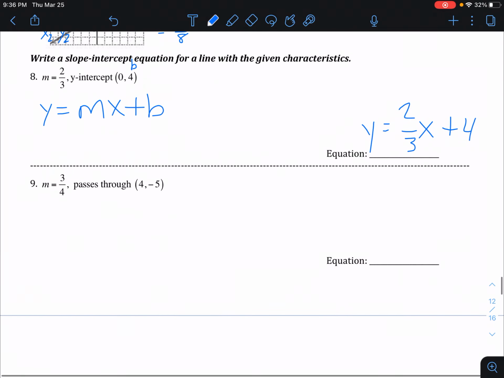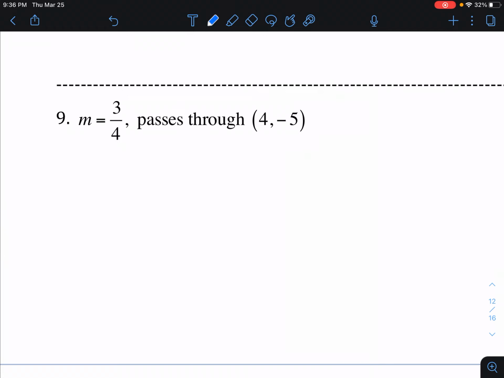Okay, next up. Here we're given a slope and a point. So to write an equation, we're going to have to use the point-slope formula.